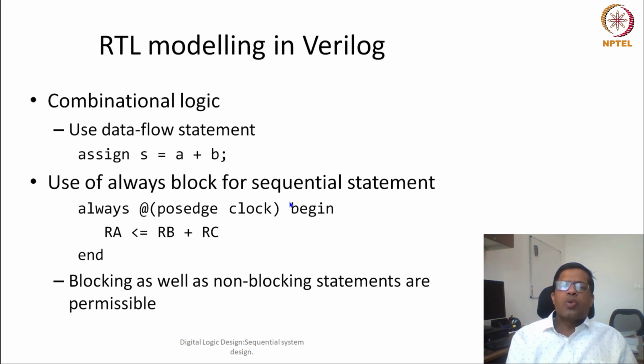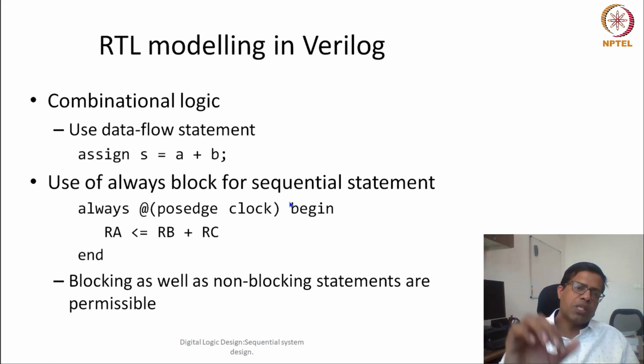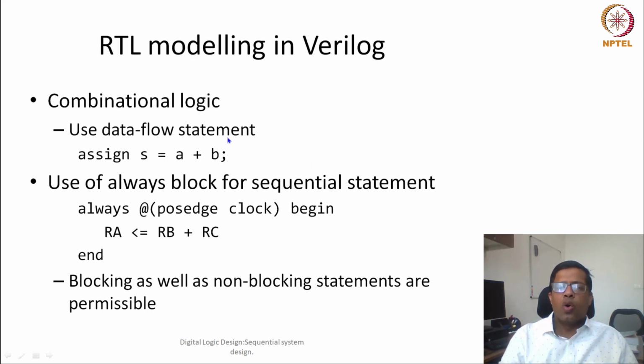Now we also have to do some sequencing, we also have to do these data register assignment operations. All of those operations are specified by always at the positive edge, or basically the active edge of the clock, and then it's written.